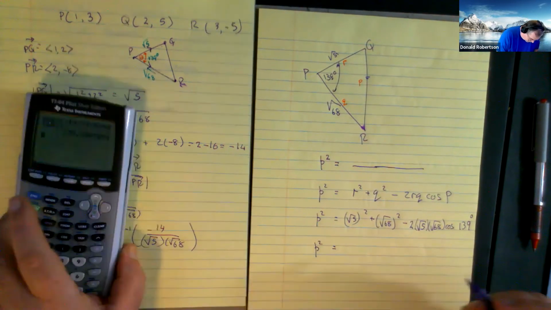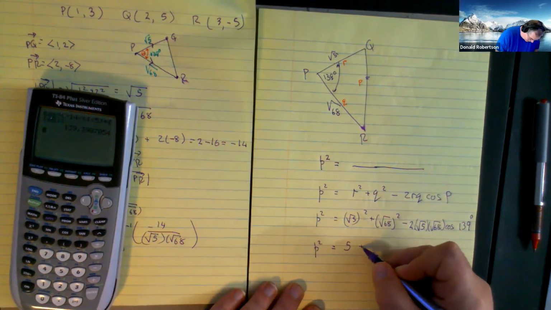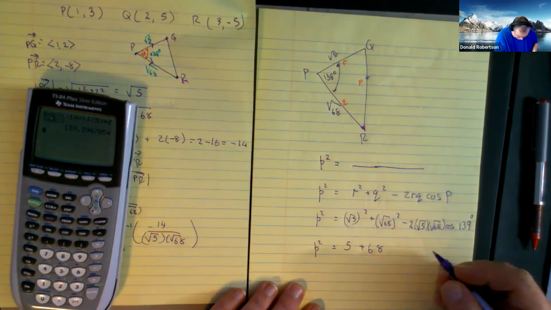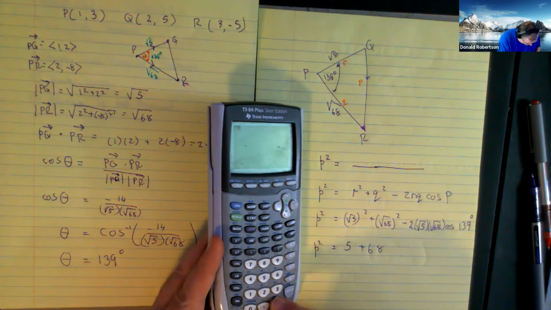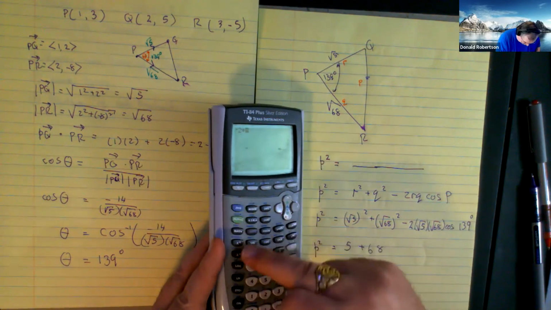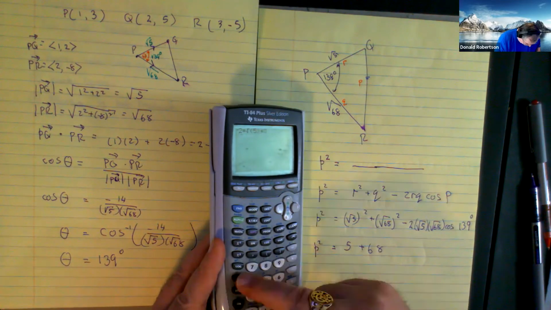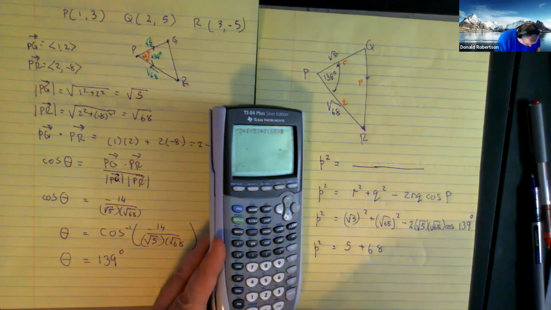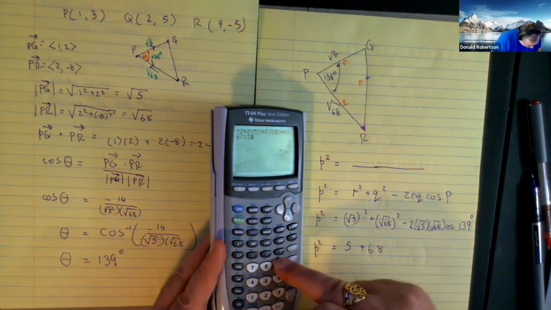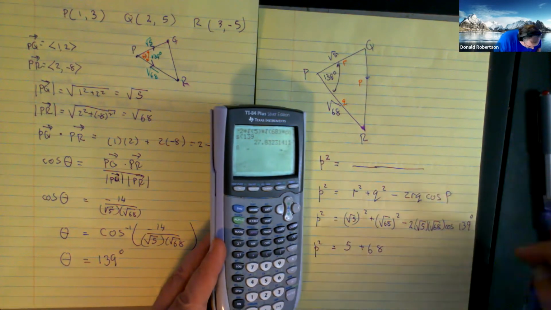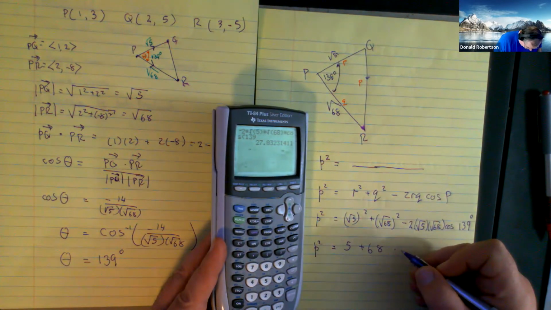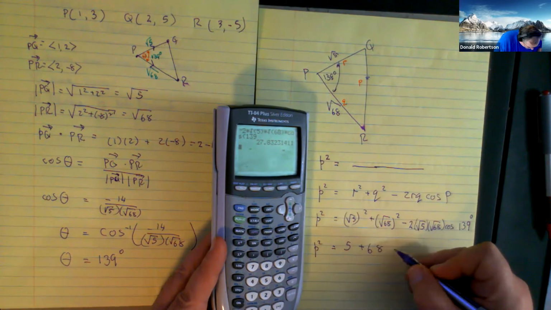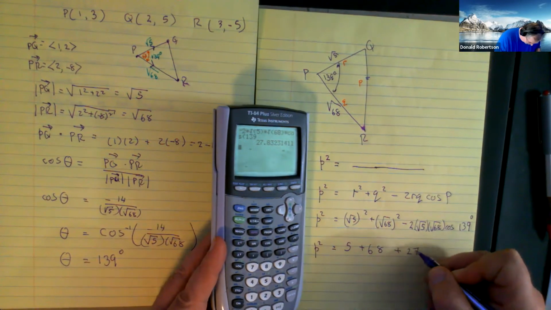I can do that as 5, and that's 68, and then I guess I could do this in one horrible go. So negative 2 times the square root of 5 times the square root of 68 times the cosine of 139. The answer I'm getting here is, I wish I hadn't put my negative, but that's fine. It ends up being positive 27.8.